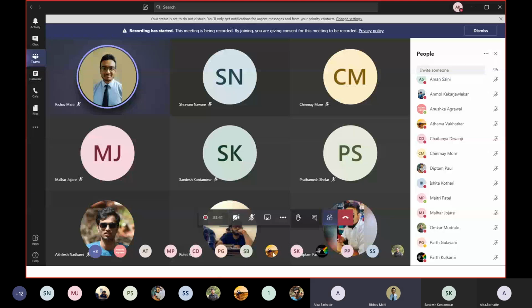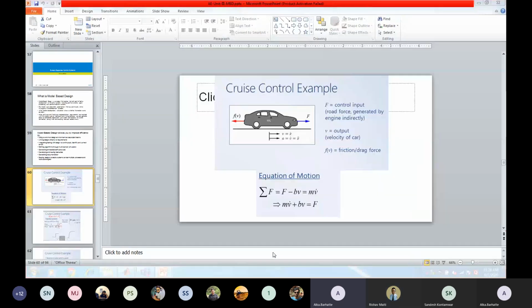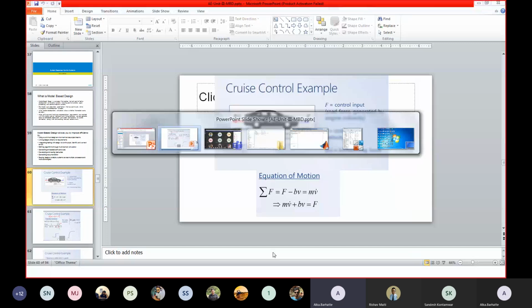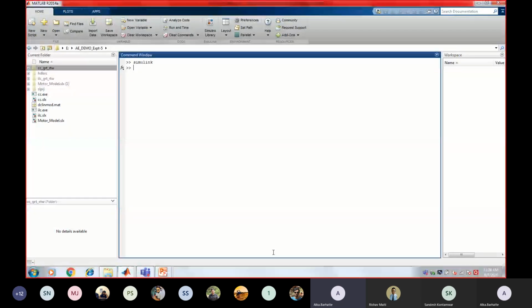Okay. So this just explained how we can represent your vehicle model. Using that vehicle model, now we will start with Simulink. As we discussed and implemented last time, to implement your model in Simulink, you have to open the Simulink window.